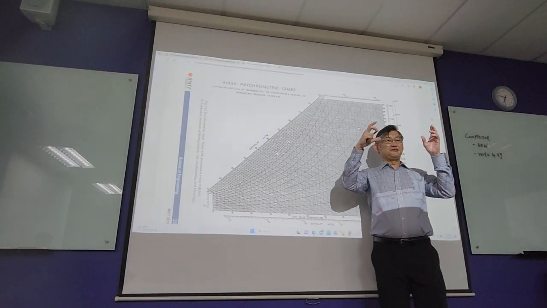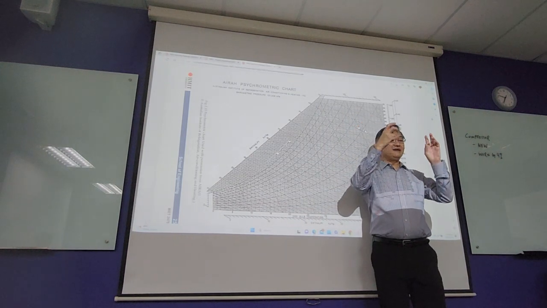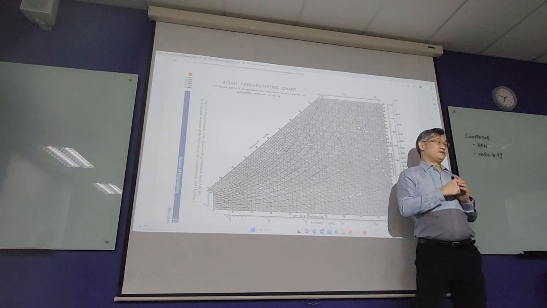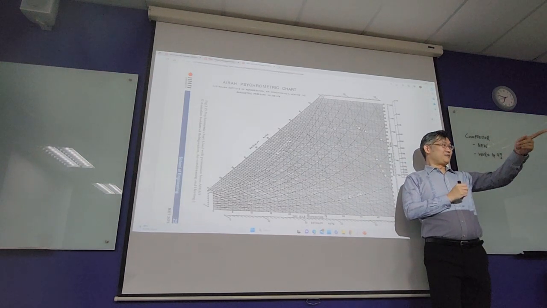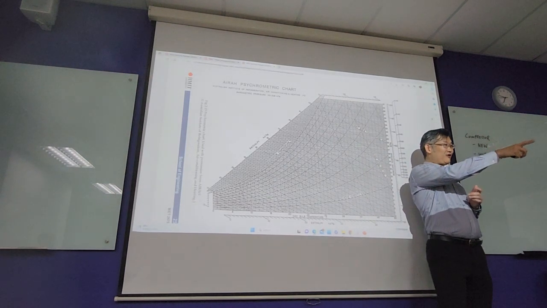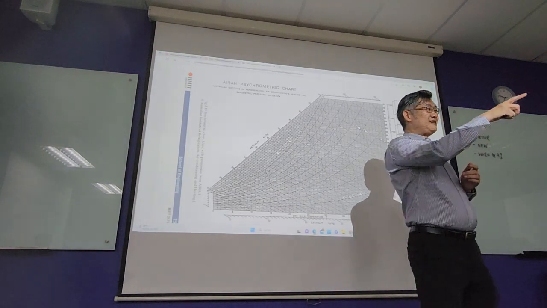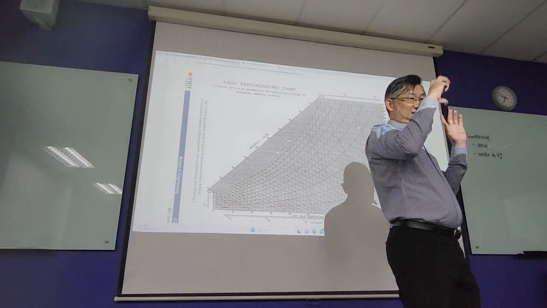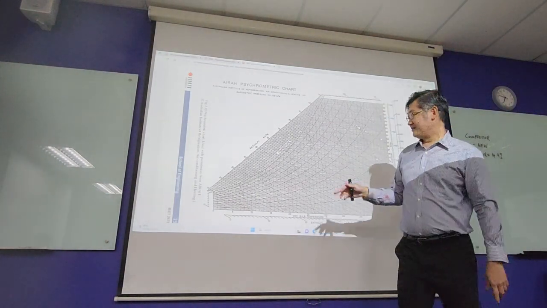If you go and buy bubble tea, and your bubble tea is 24 degrees Celsius, you will see water droplets. That is the dew point, by looking at the chart.